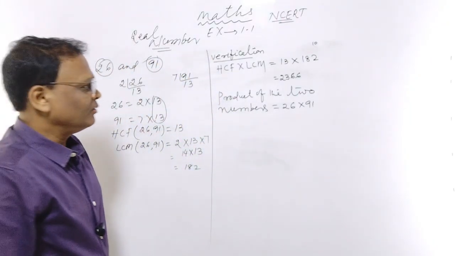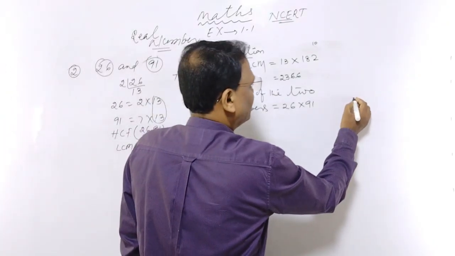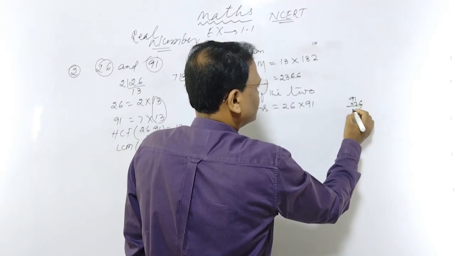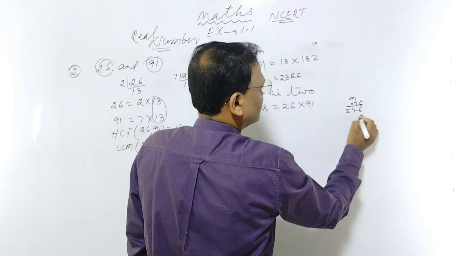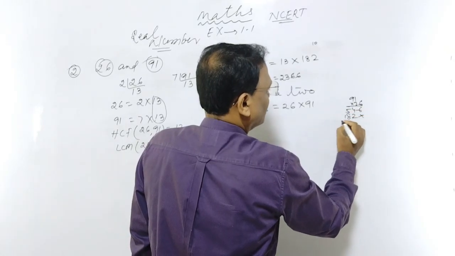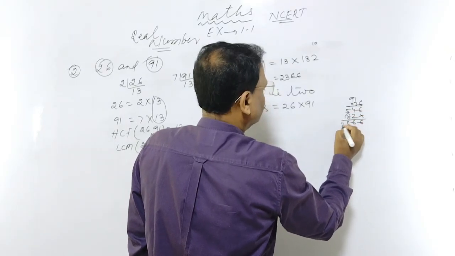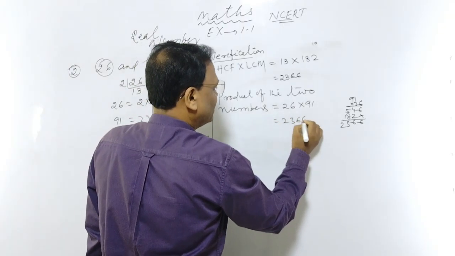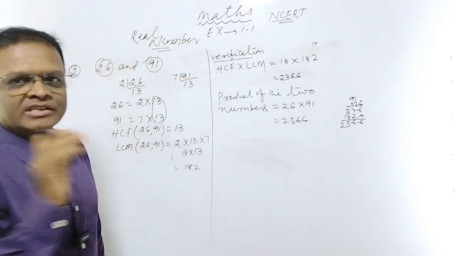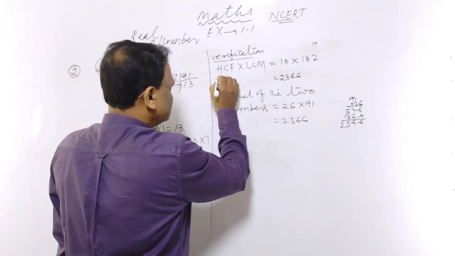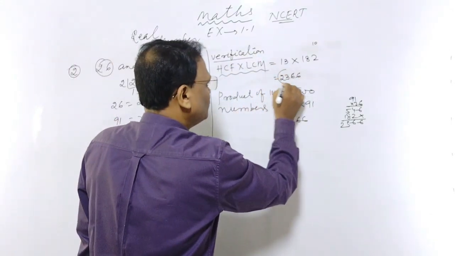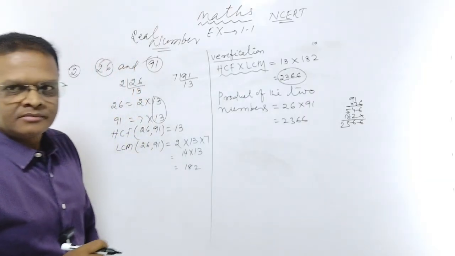If I multiply 91 into 26, just to check it, what am I getting? Exactly that number only: 2366. Now verification is over. HCF into LCM, I got 2366.